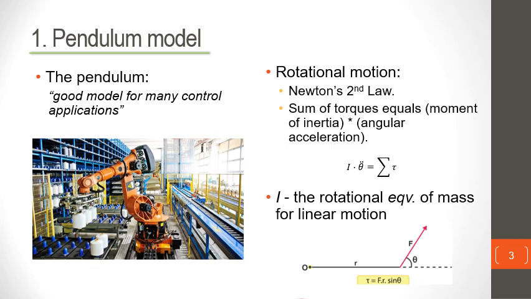In rotational motion, we have a similar relationship, where the net torque, or the sum of torques acting on a certain mass, is equal to the rotational inertia of the system times the angular acceleration. So the sum of torques is equal to moment of inertia multiplied by angular acceleration. That's what the rotational second law of motion says. So I is the rotational equivalent of mass in the linear sense.